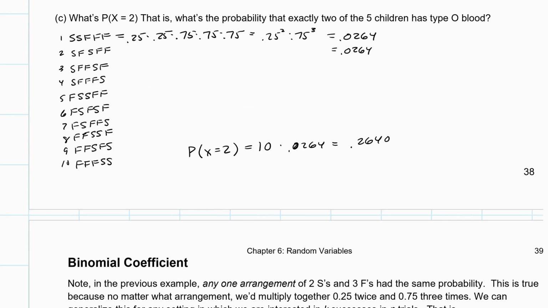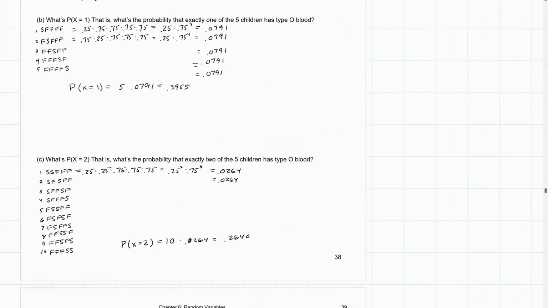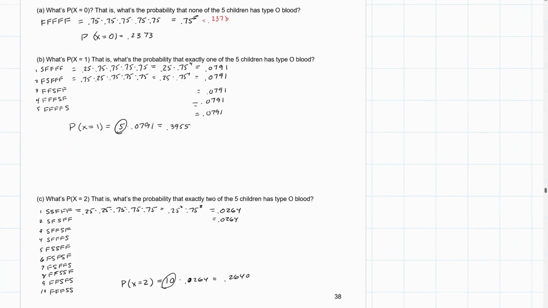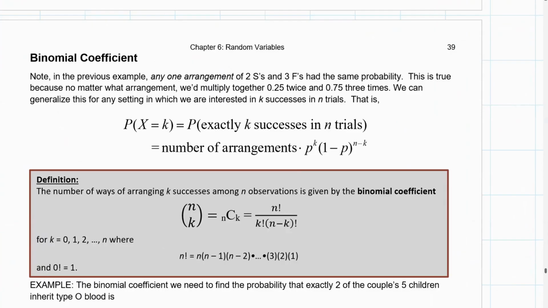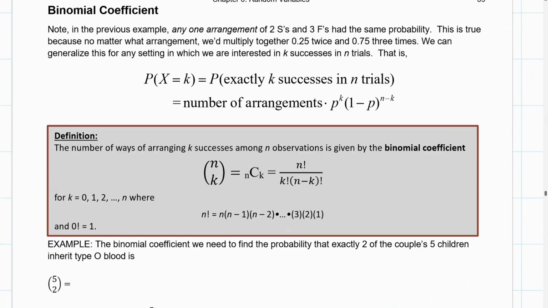All right. And that is one way to do this. But the fact that we had 10 or 5, or in this case, we could think of this as multiplied by 1 because there's only one way to have all failures. We could try to take this idea and make it more real. And we're going to talk about that number that we multiplied by being called the binomial coefficient.